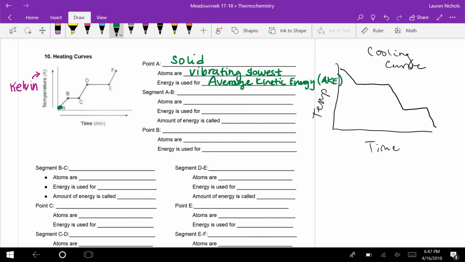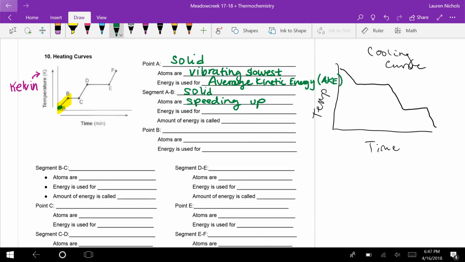And so as time goes on, my temperature is going to go up. So this is kind of what we're looking at. And so for that whole segment AB, this is just when you still have all solid, there is no liquid present at this point. The atoms are speeding up, and the reason why we know this is because there is an angled portion of the line.